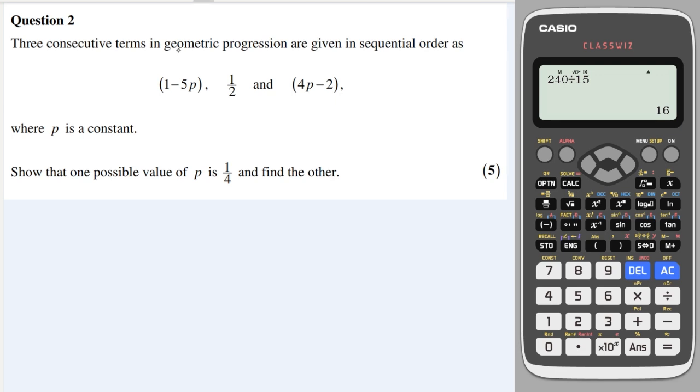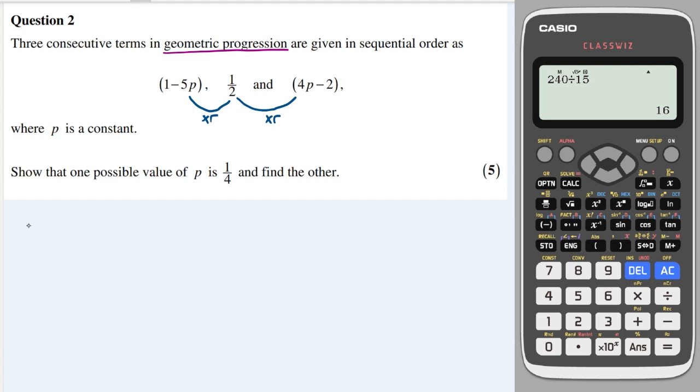Question number 2, and we have a geometric progression given in sequential order as such. Show that one possible value of p is a quarter and find the other. So if they are in geometric progression, that means that we multiply by some constant ratio from one to the other.